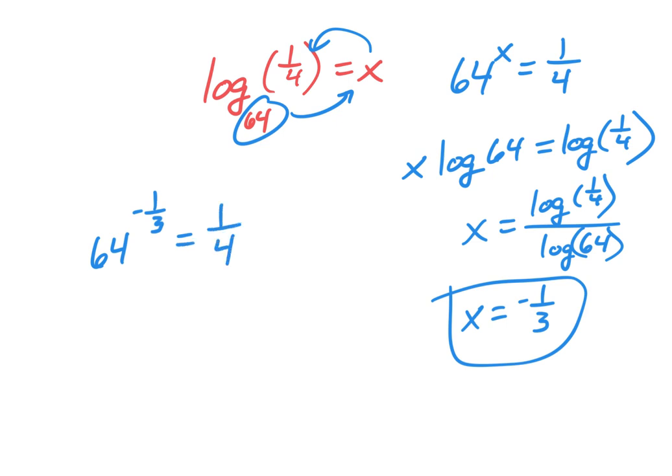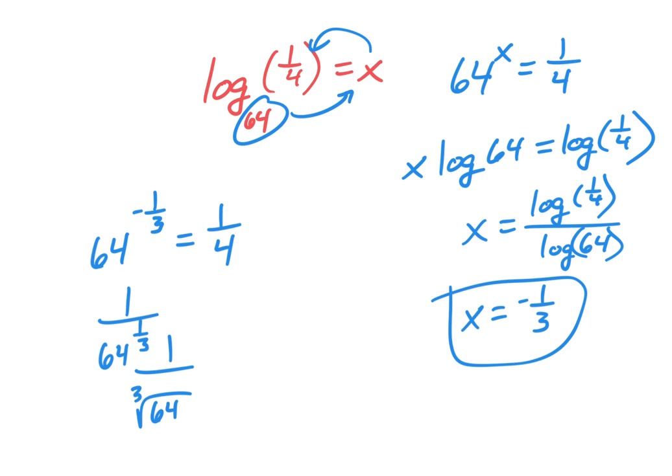Just to kind of explain a little bit about what's going on here, just so you kind of understand why the negative 1/3 would make sense here. Negative exponents make me take the reciprocal. And then 64 to the 1/3 power is really the same as the cube root of 64.